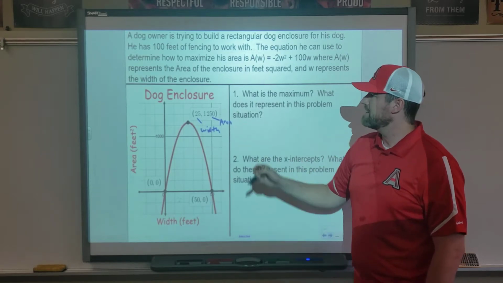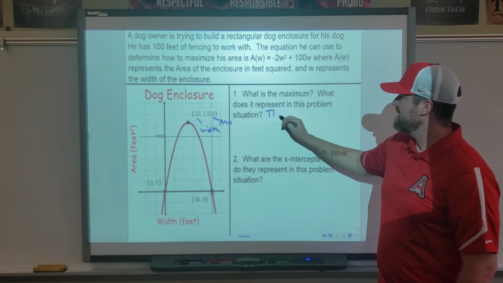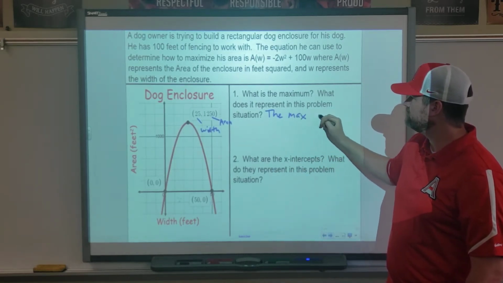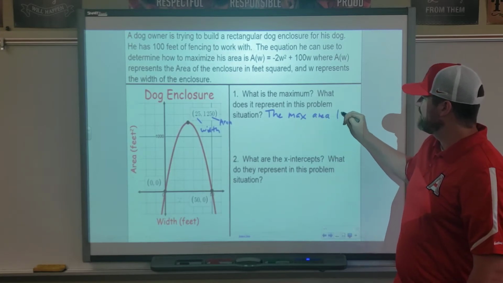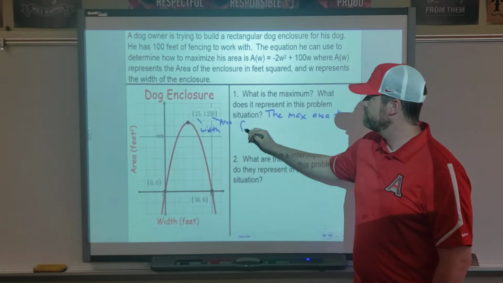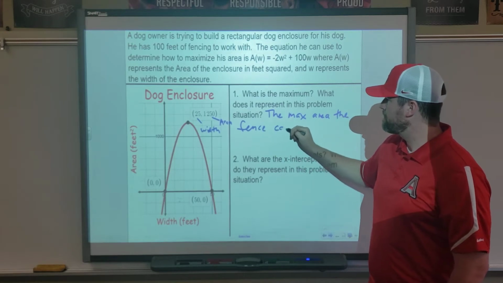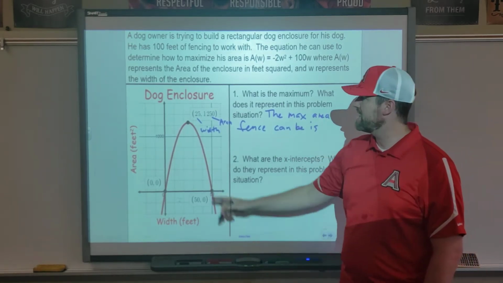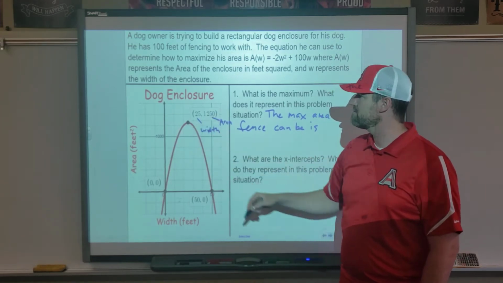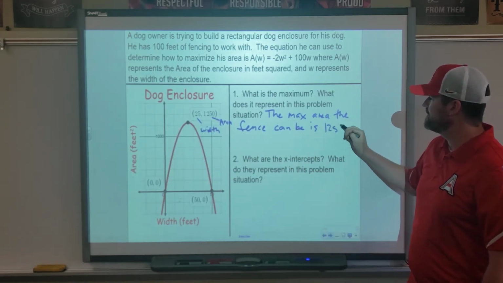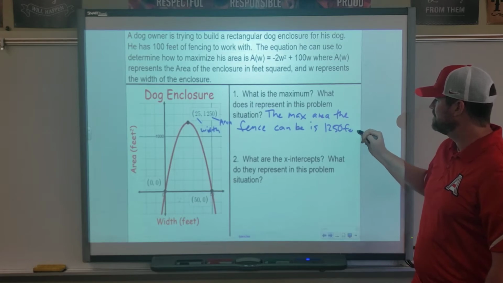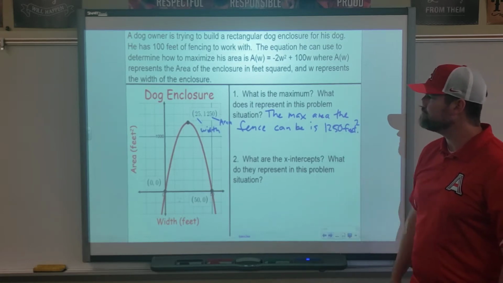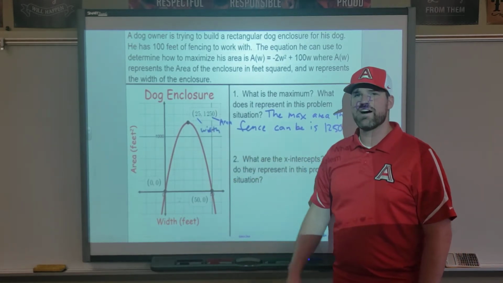So by looking at the maximum, we know that the max area the fence can be is, well, the maximum area we can get, the highest our area can be is 1,250 feet squared.